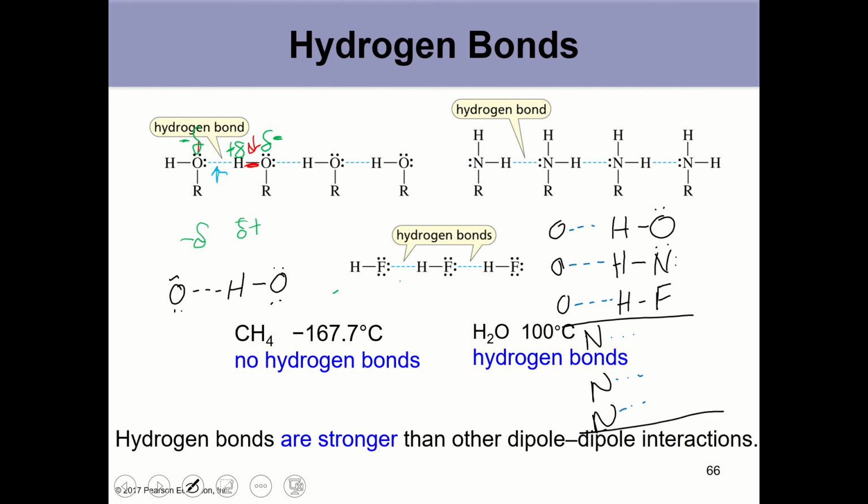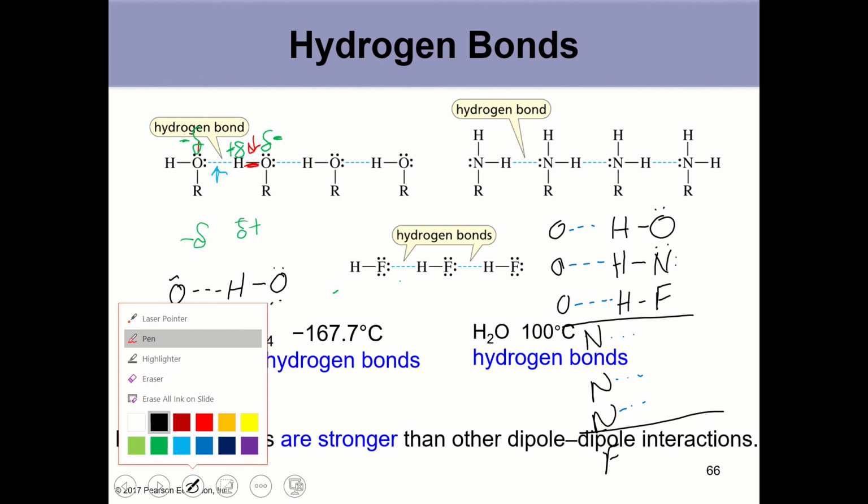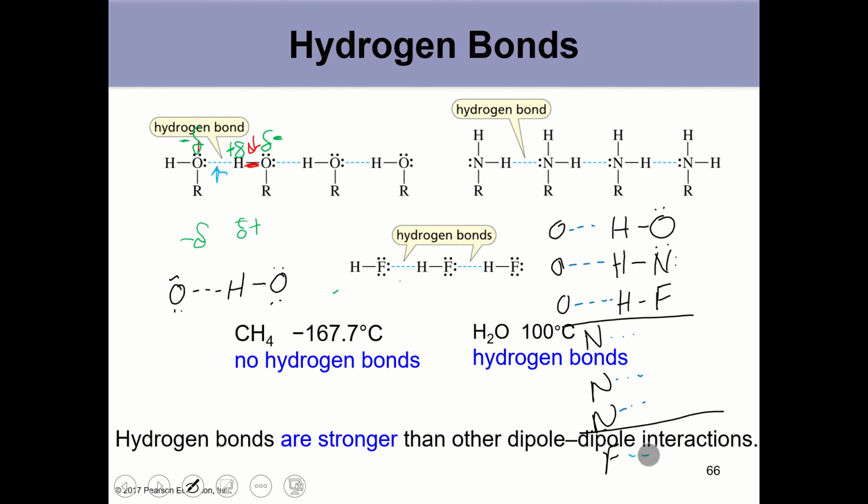And then the third type would be to have fluorine instead of nitrogen as the atom on one side of the hydrogen bond. Because fluorine is generally not as reactive, and we don't have fluorine reacting with molecules very often, we're not going to have to worry about the type of hydrogen bond formed with fluorine atoms.